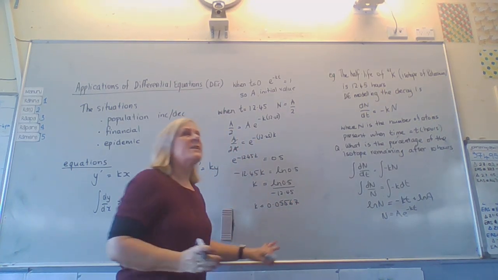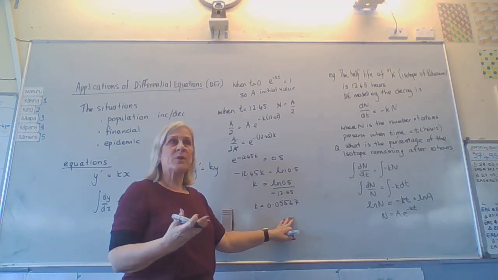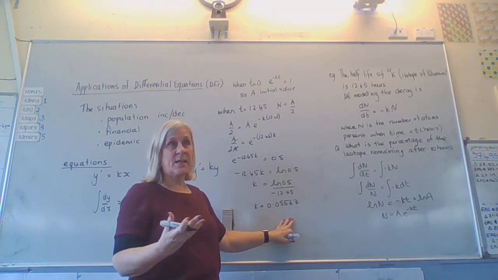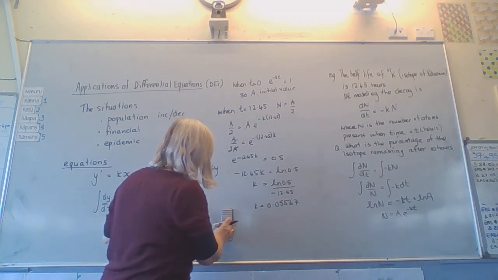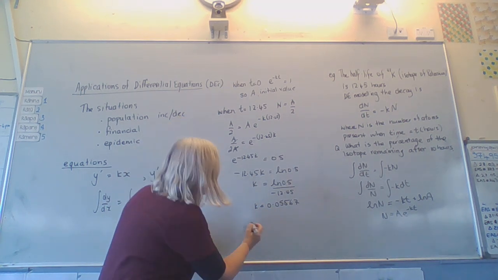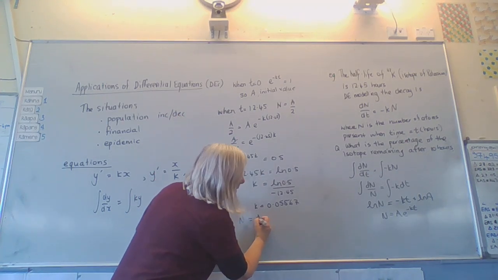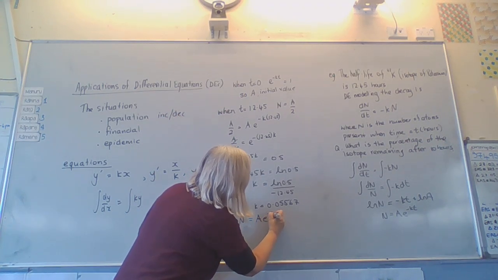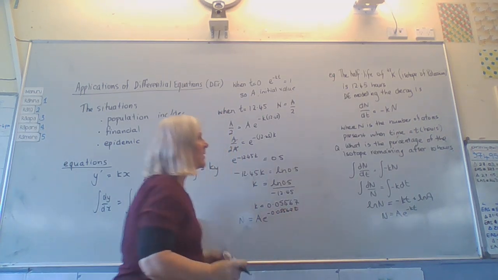Now, one of the things you need to realise is you need to keep a fair amount of decimal places here because often we're talking in population and large things like that. Anyway, now that we've found K, we actually have what we are using as our equation, which is that n equals A e to the negative 0.05567t. All right?